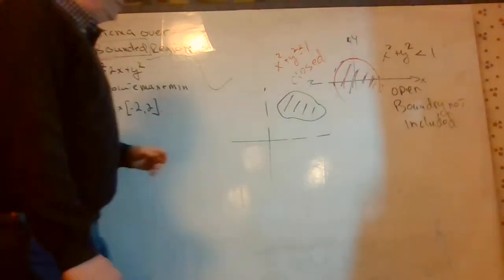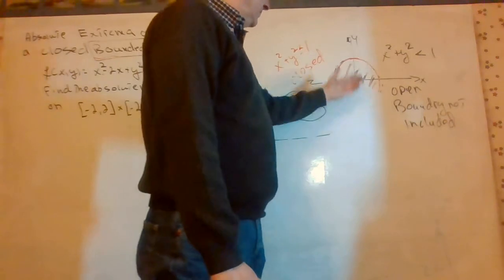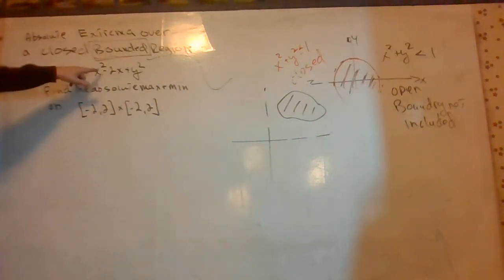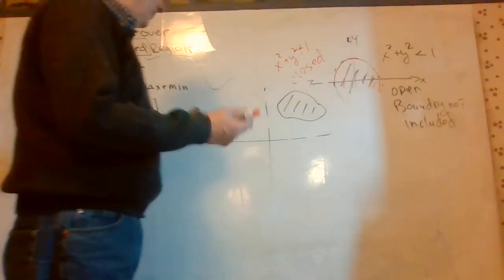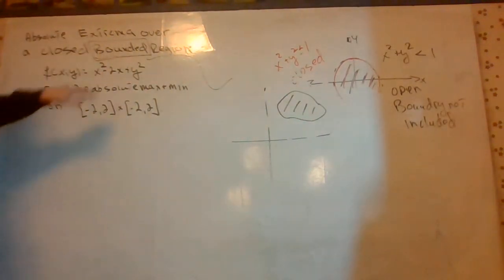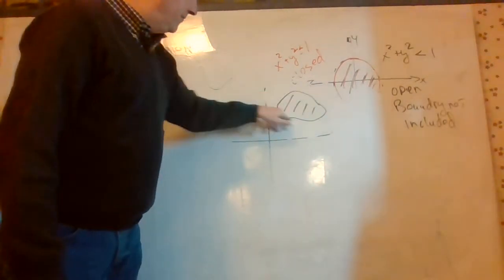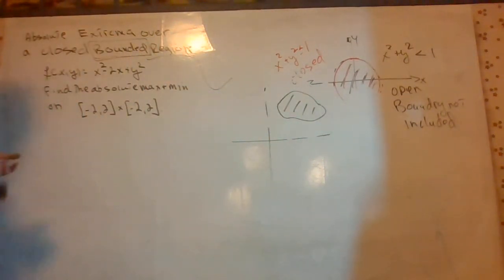If it doesn't include the boundary, well, you could have an asymptote, okay, where it approaches the boundary, goes to infinity. If it's discontinuous, you could still have something going to infinity. In fact, if it's continuous, and we have some finite region, including the boundary, our only choice is to have an absolute maximum.